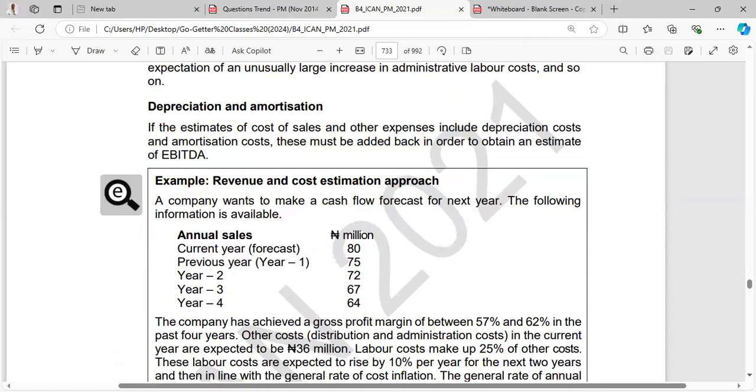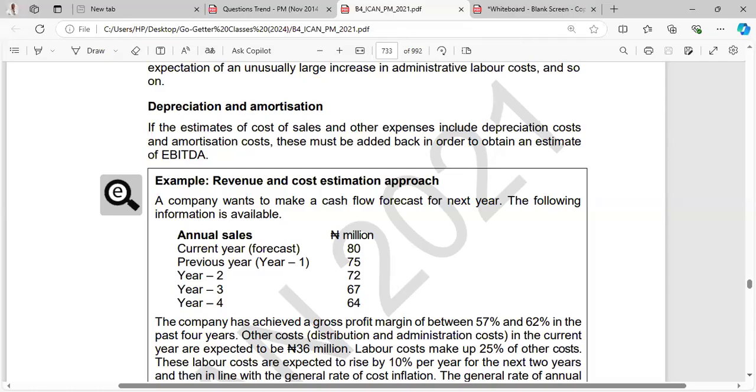Your cost of sales could include depreciation and amortization. Sometimes your cost of sales might include depreciation of machines used in a factory, so to get your cost of sales.